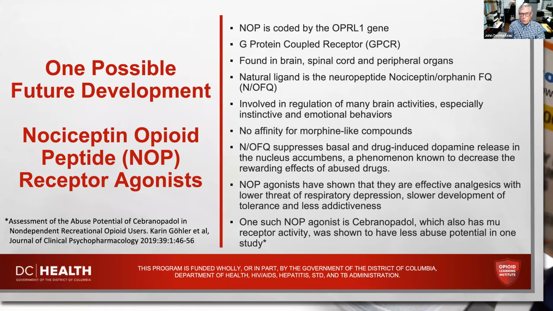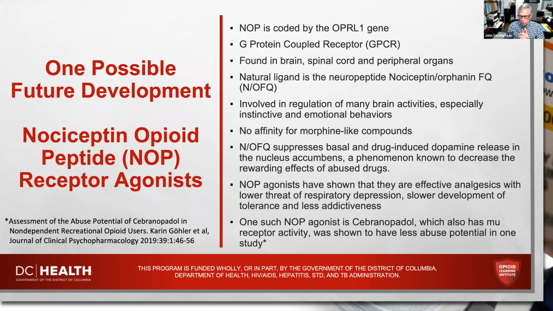Now, here's one example. Some researchers looked at the nociceptin opioid peptide receptor. And this receptor, again, has no affinity for the morphine-like drugs, period.